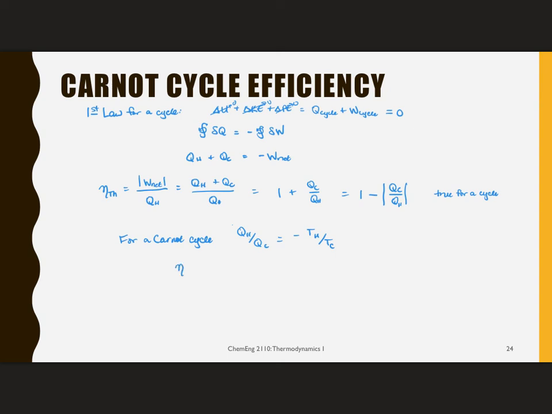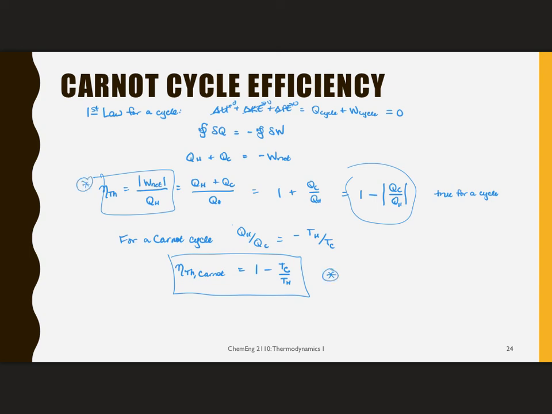And so for a Carnot cycle, we end up with 1 minus TC over TH. Right, we had QC over QH. And this is going to be our result for a Carnot cycle. This is a general definition. We also could do this if we have only 2 heat transfer steps. But this is true for reversible, and this is true for always.